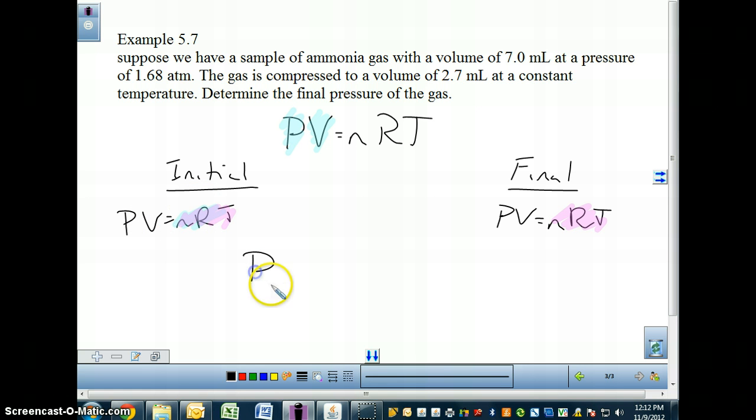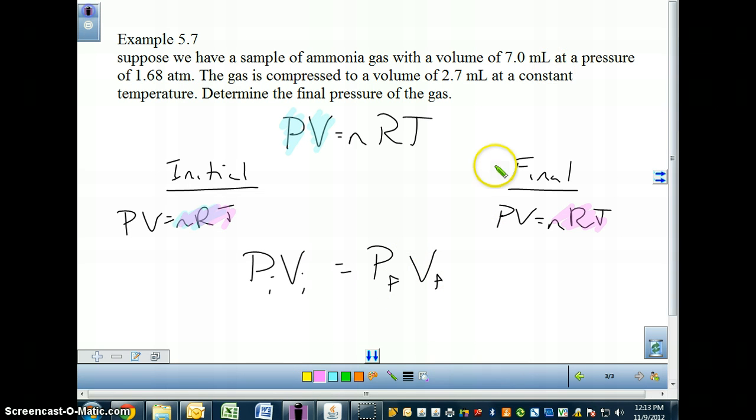Therefore, our pressure initially times our volume initially will equal our pressure final times our volume final. Now this should be almost exactly like example 5.2 on Boyle's law. In fact, it is the exact same.